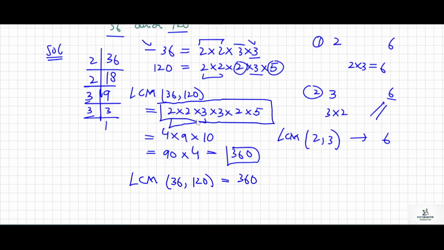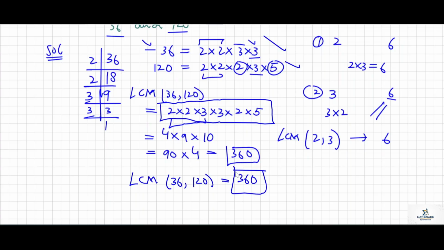Similarly, 120 is also the same. We can cancel 120 with 2, 2, 2, and similarly 3 and 5 will be cancelled. So 36 divides 360, and 120 also divides 360. So it's the lowest.